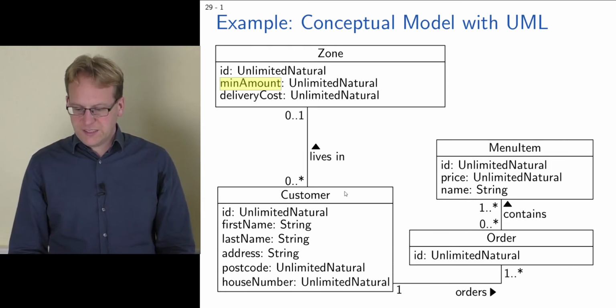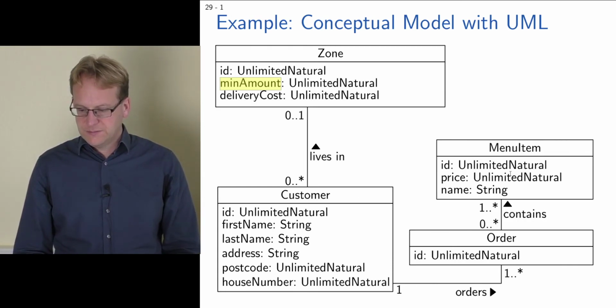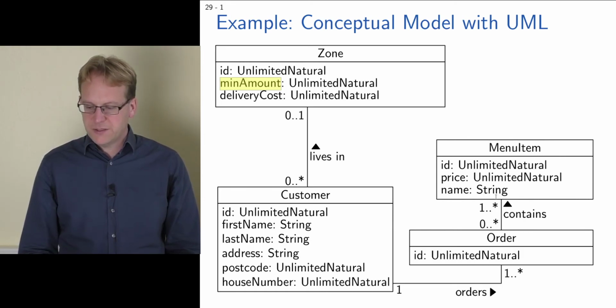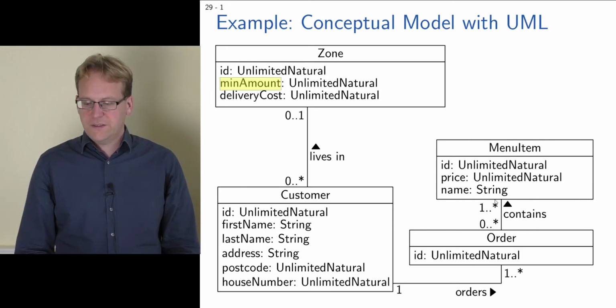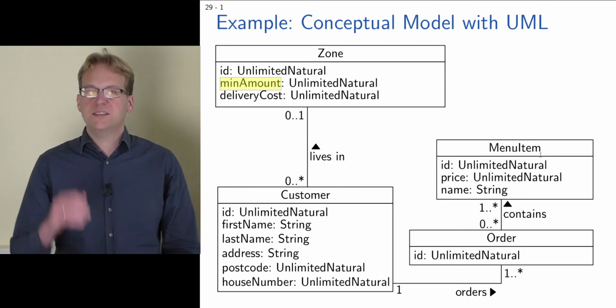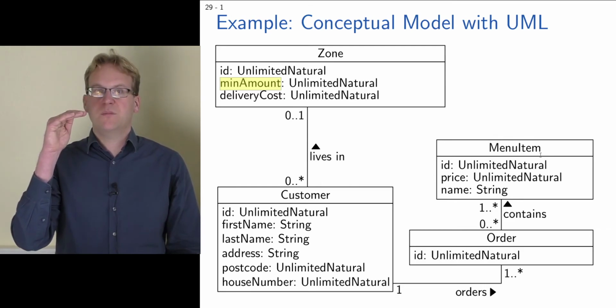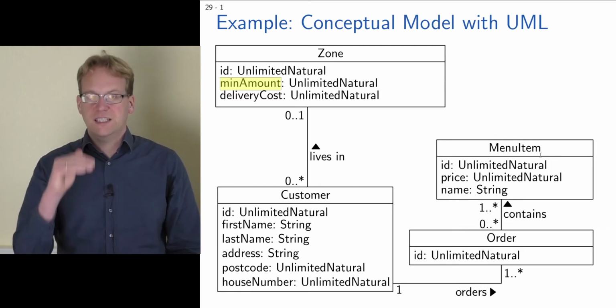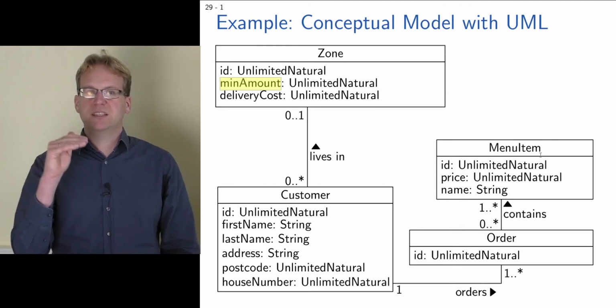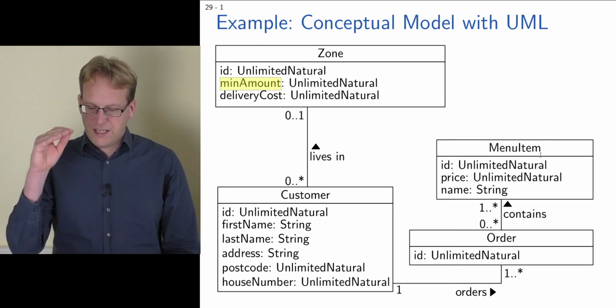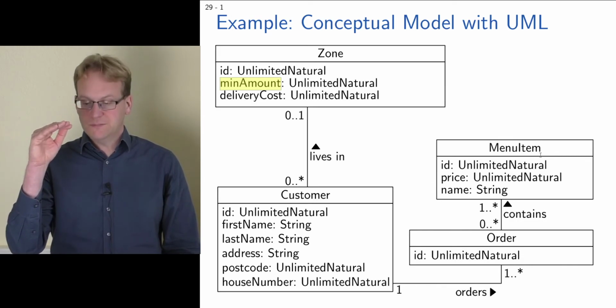Then what we also have are the menu items. You can think of a menu item as actually one item on the menu of this pizza delivery service. So they have an ID.